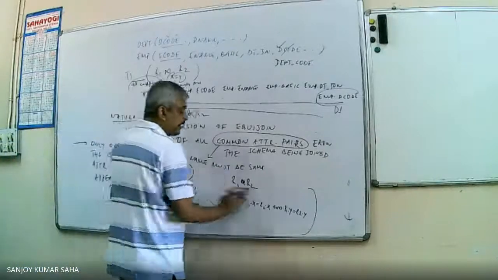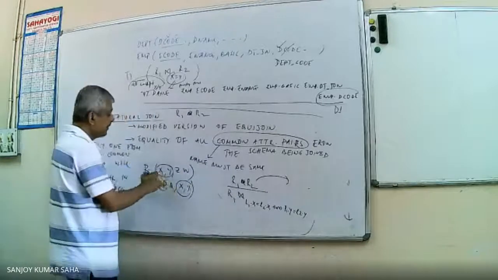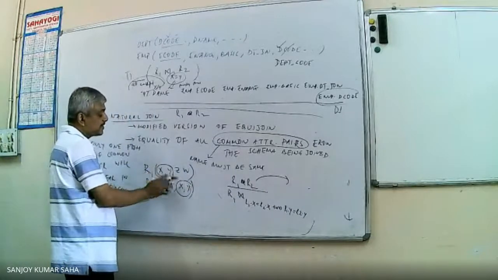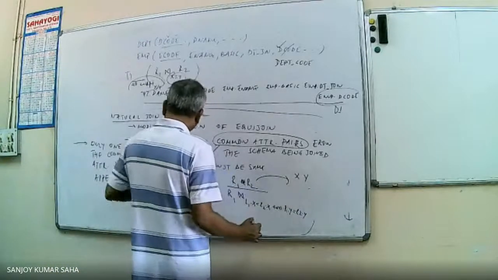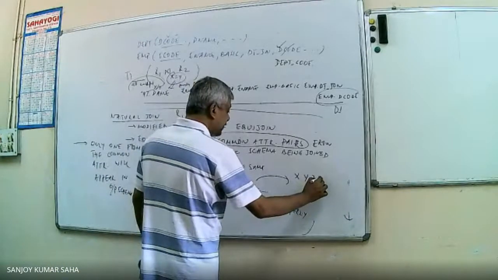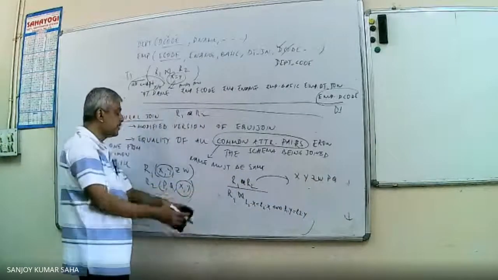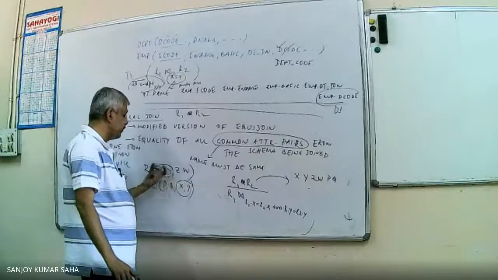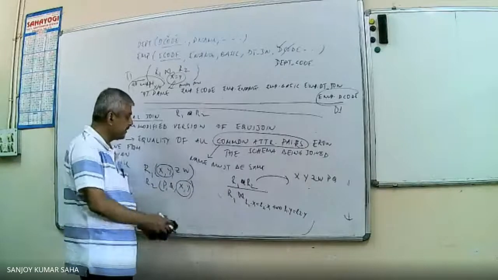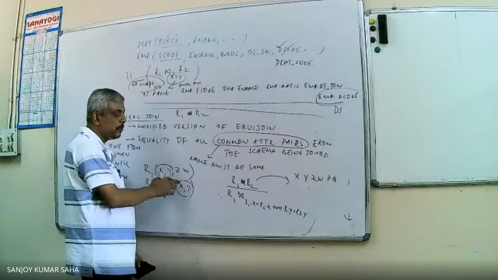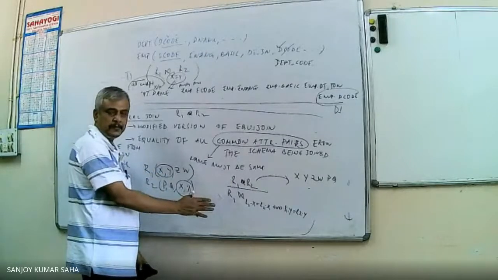So in the output schema, these are the common x and y, so only one x, only one y, then the rest of the things: z, w, p, q. This will be the output schema. Here the output schema is x, y, z, w from R1, and p, q, x, y from R2. So we have to take the projection to retain only one of them. When we write natural join, it is implied.